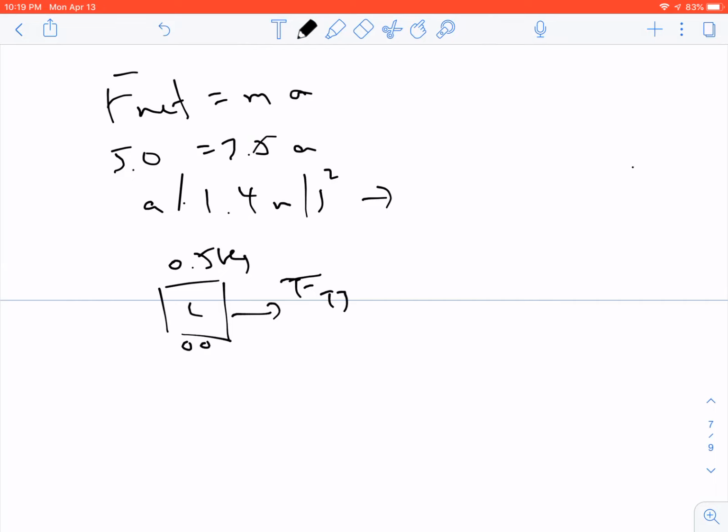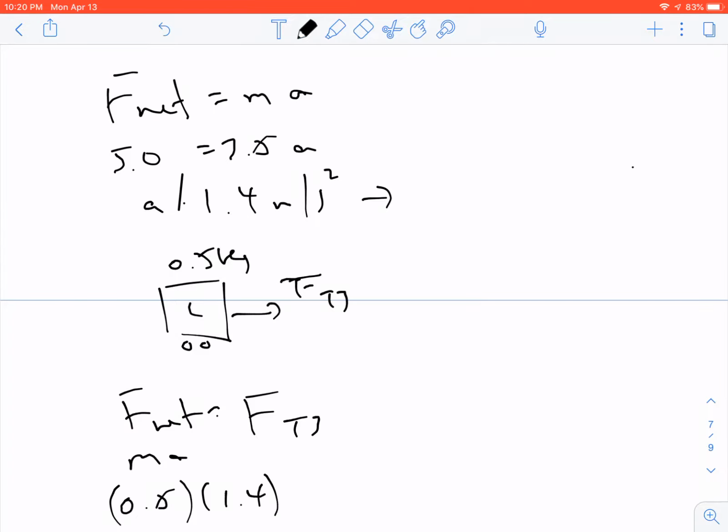So what is the net force? Well, there is only one force. I have to add all the forces acting on cart C. There's only one, so the net force is FT3. F net we know is also MA. I know the mass is 0.5 kilograms, and I know the acceleration is 1.4 meters per second squared.